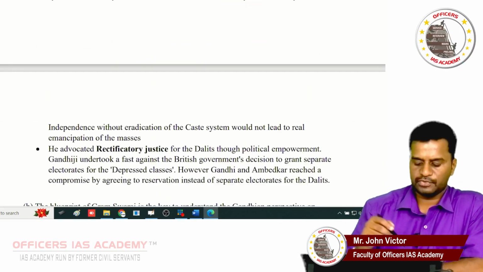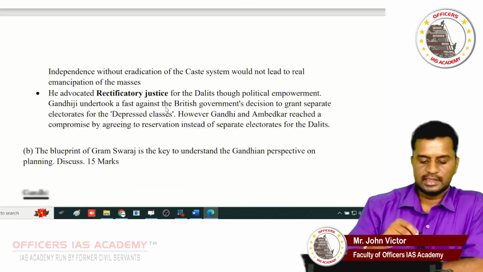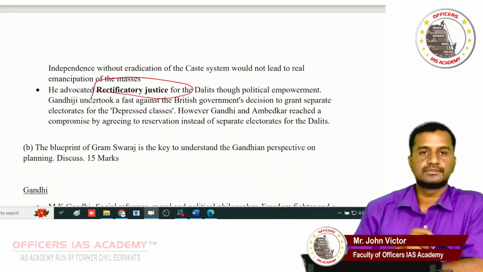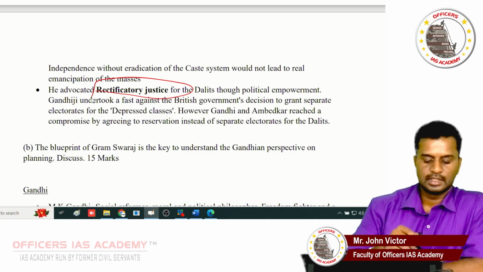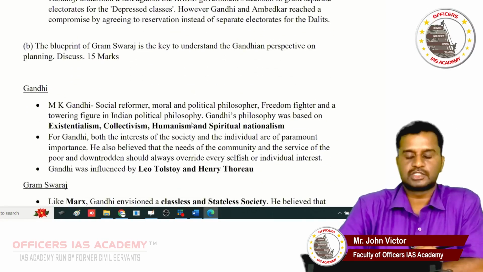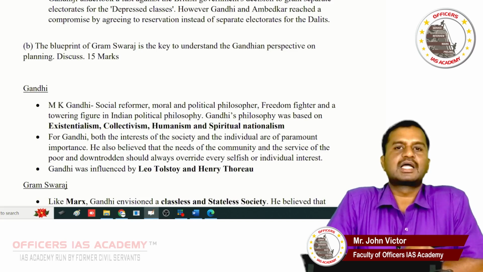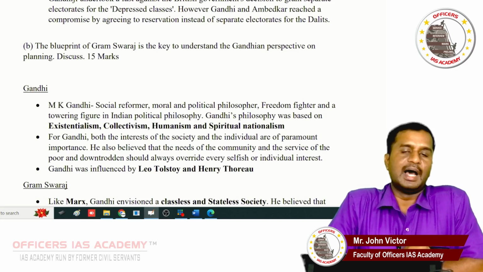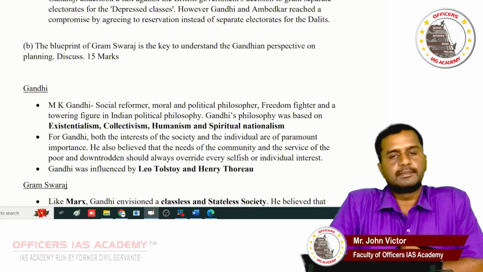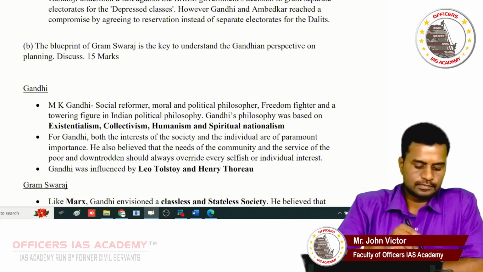No wonder he is called the father of Indian Constitution. Dalit perspective advocated rectificatory justice. And you can end the answer telling that the Dalit perspective of the Indian national movement is similar to the black movement conducted by black people across the world who fought for their freedom, fought against discrimination.